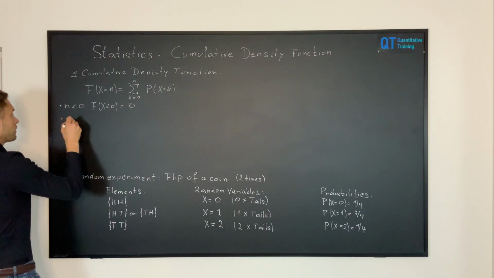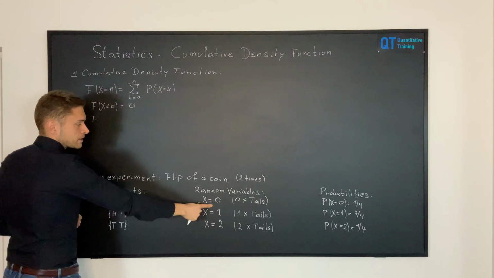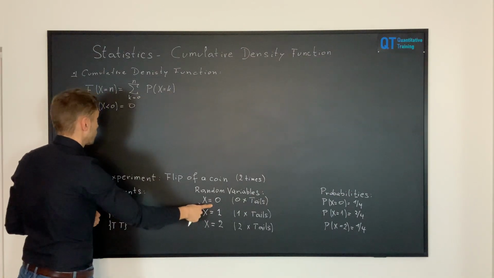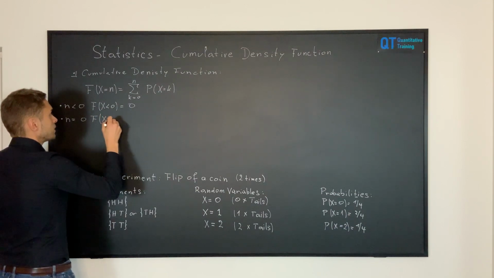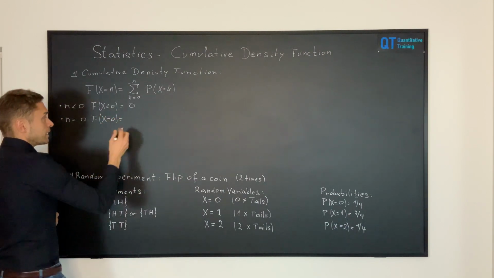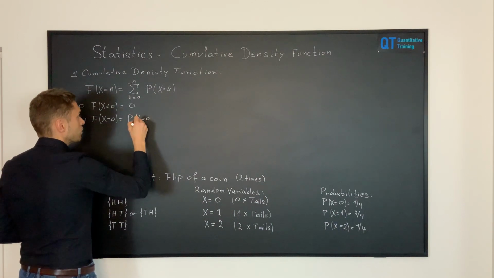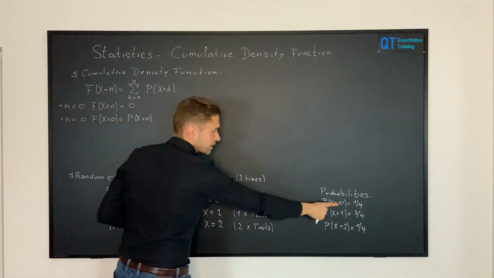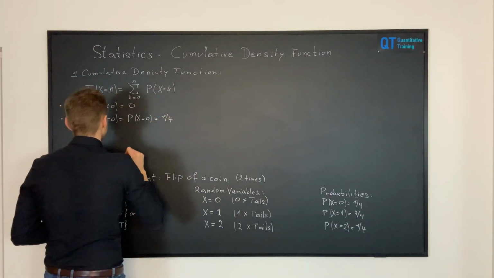Then we have n equals 0. This is the first value that is actually contained within our table. So F of x equals 0 equals the probability P of x equals 0, which is 1/4. So we have 1/4 here.